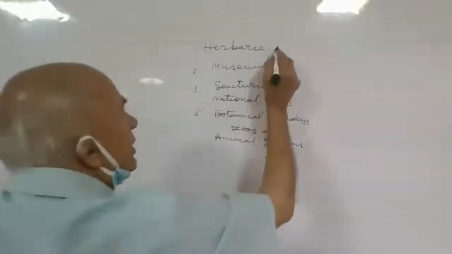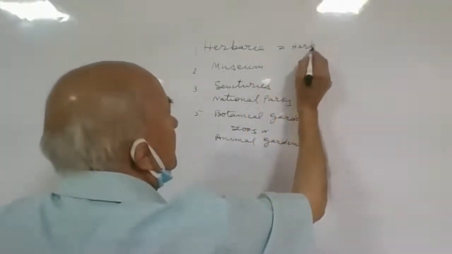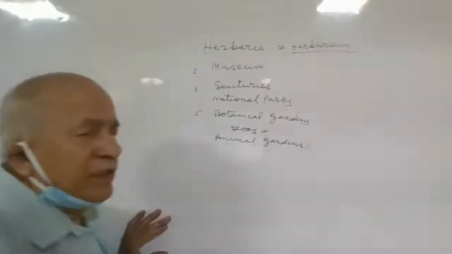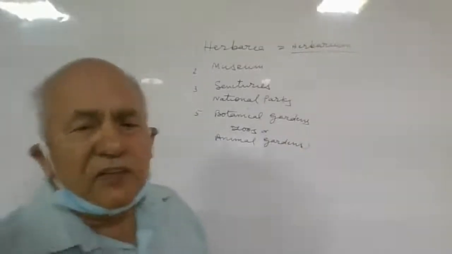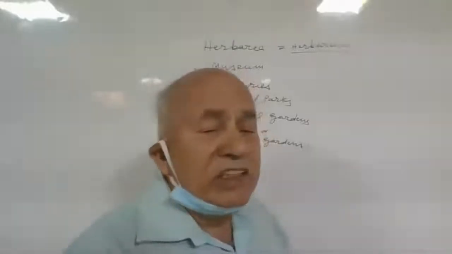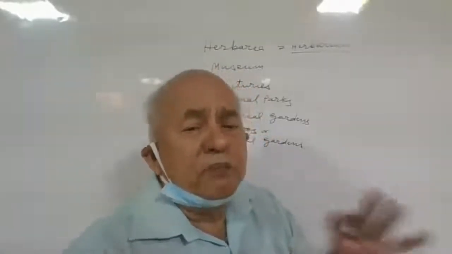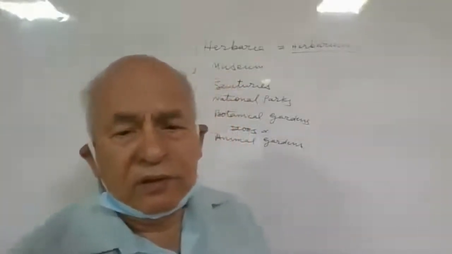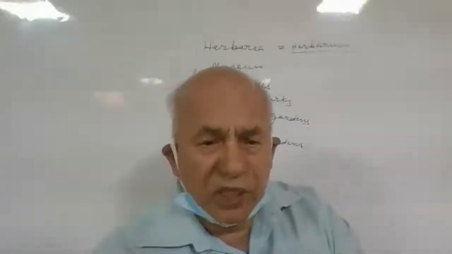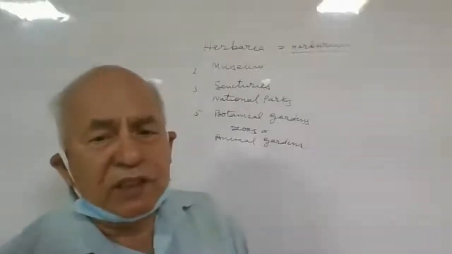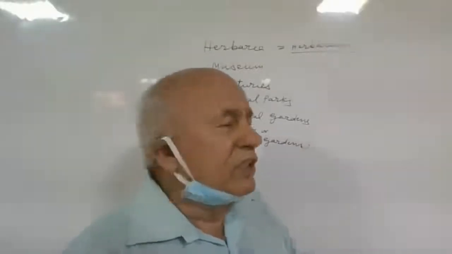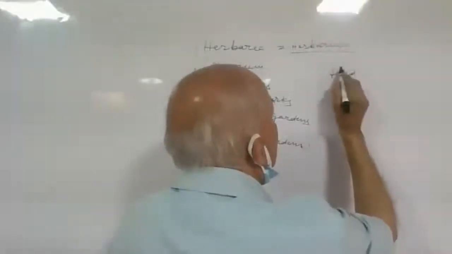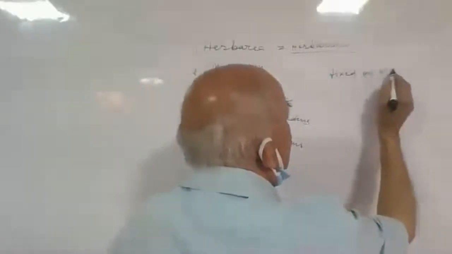सबसे पहले हर्बेरियम क्या होता है? It is a phenomenon in which a plant, a complete plant, or its branches with flowers, leaves, and if there are spines, all those, they are fixed on a sheet.